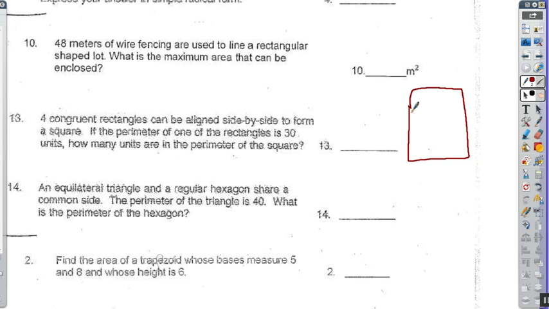Here's my square. So we know that if this is x, this is 4x, because 4 of these short sides equal the long side because it is a square. And the perimeter of one of the rectangles is 30 units.